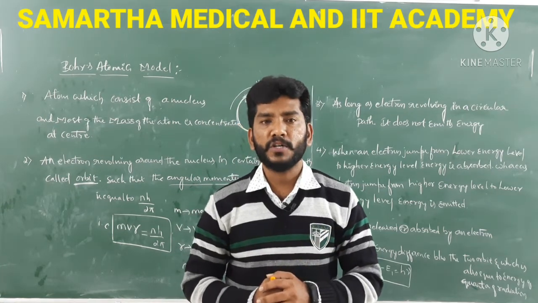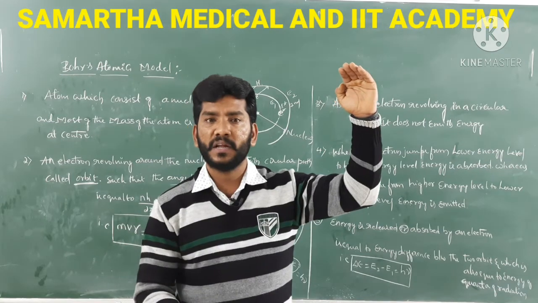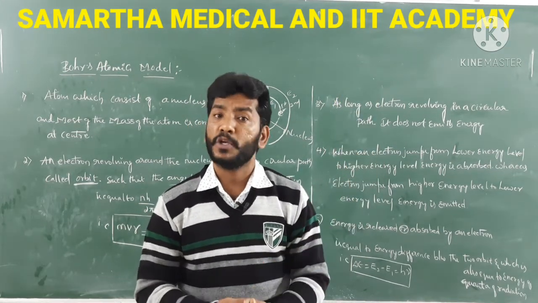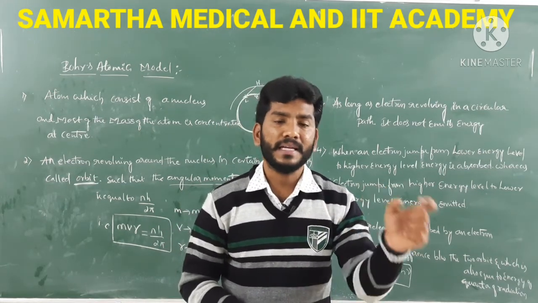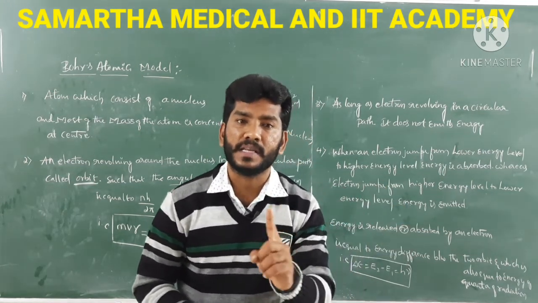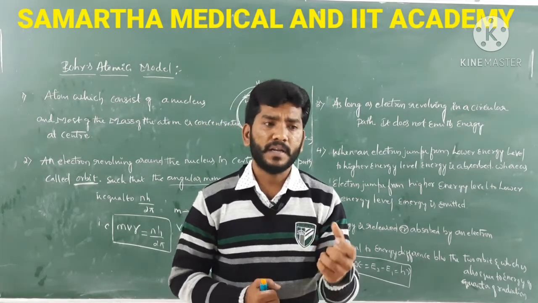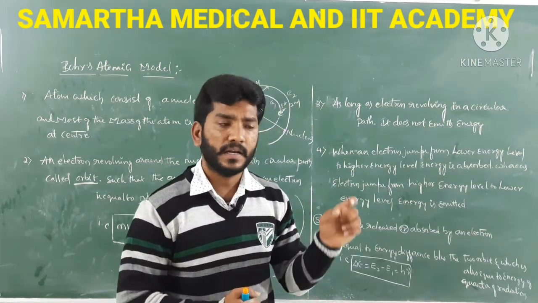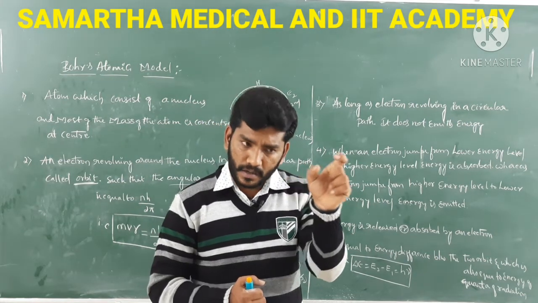Suppose an electron jumps from a higher energy level to the first lower energy level. It can produce UV radiation, which causes the Lyman series. Lyman was the scientist who observed those spectral lines in the UV region of the hydrogen spectrum.